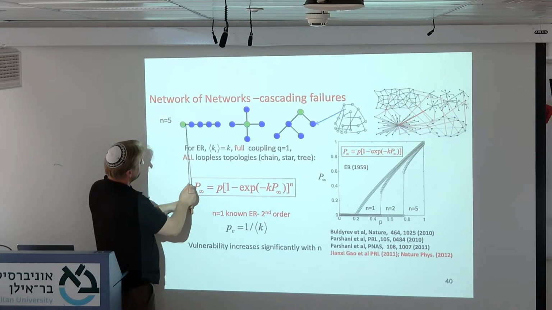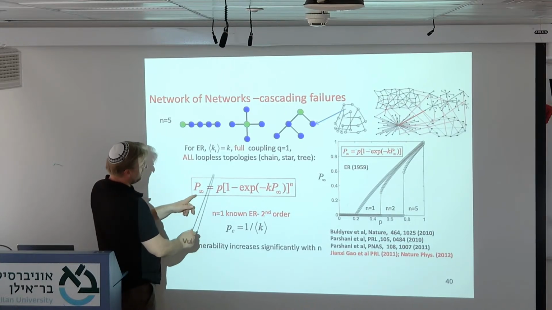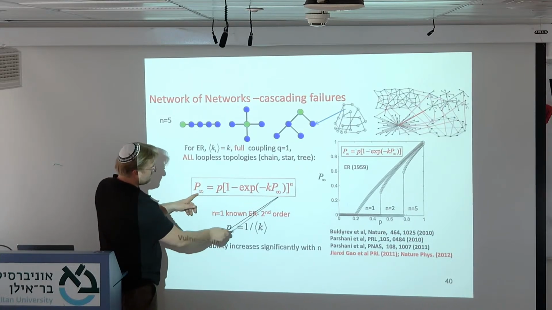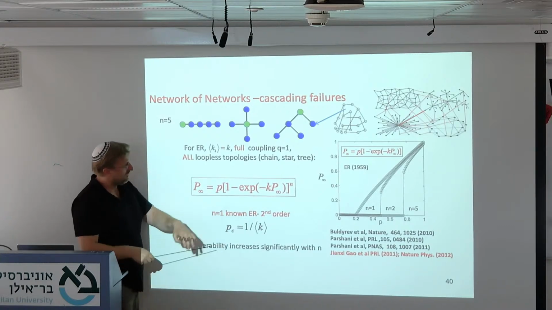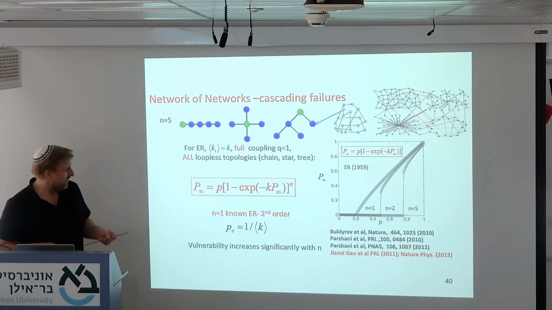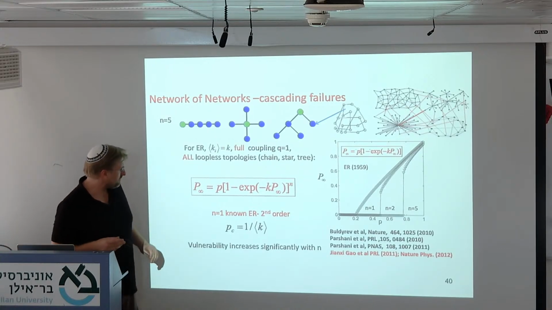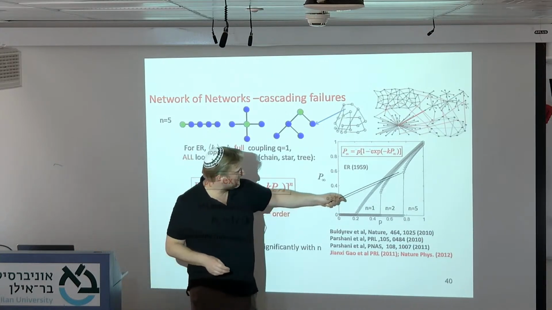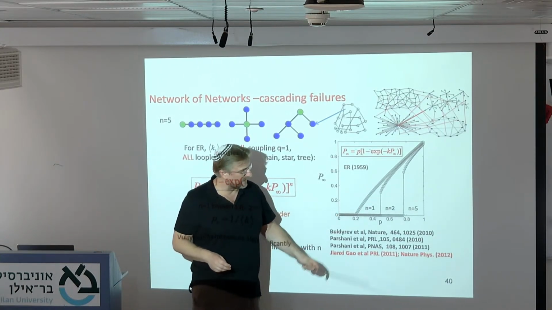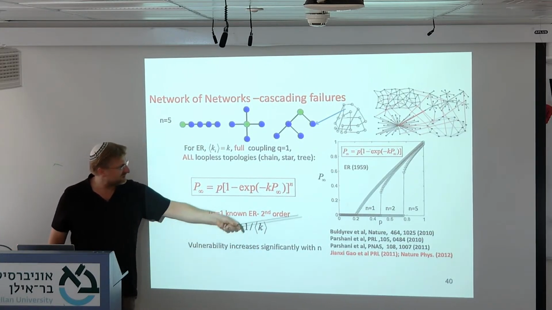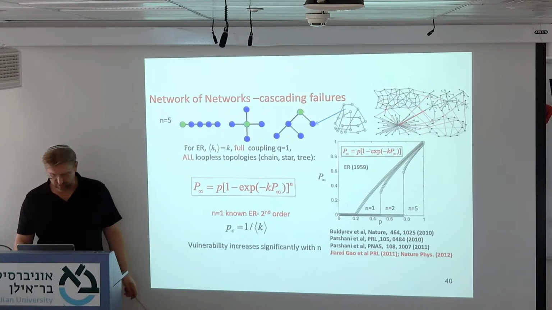And now when you couple 5 different Erdős-Rényi networks, you just obtain here an exponent n, and this yields the behavior that you have a breakdown much earlier, and you have a first order phase transition versus a second order phase transition for Erdős-Rényi.